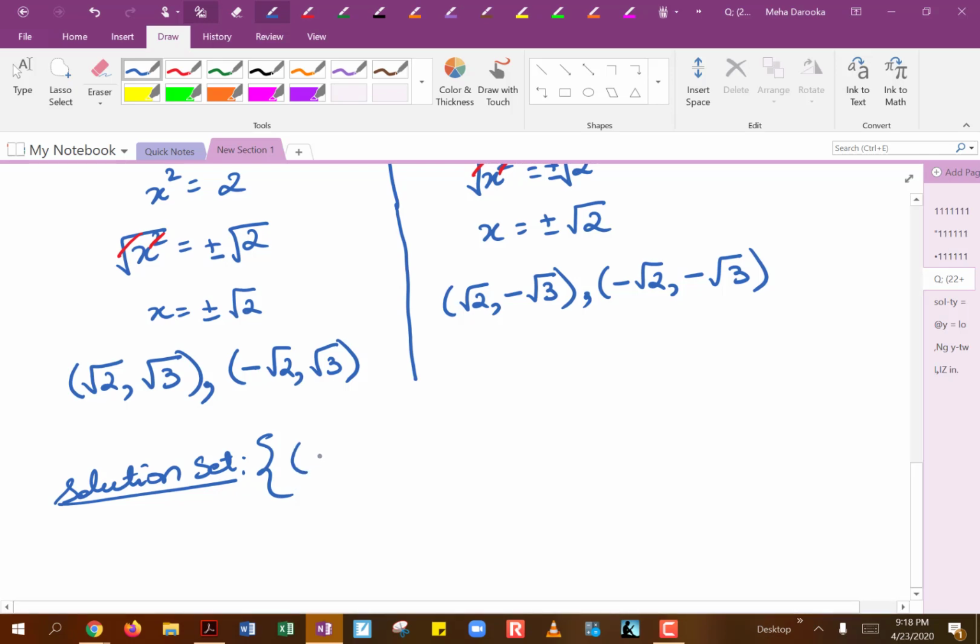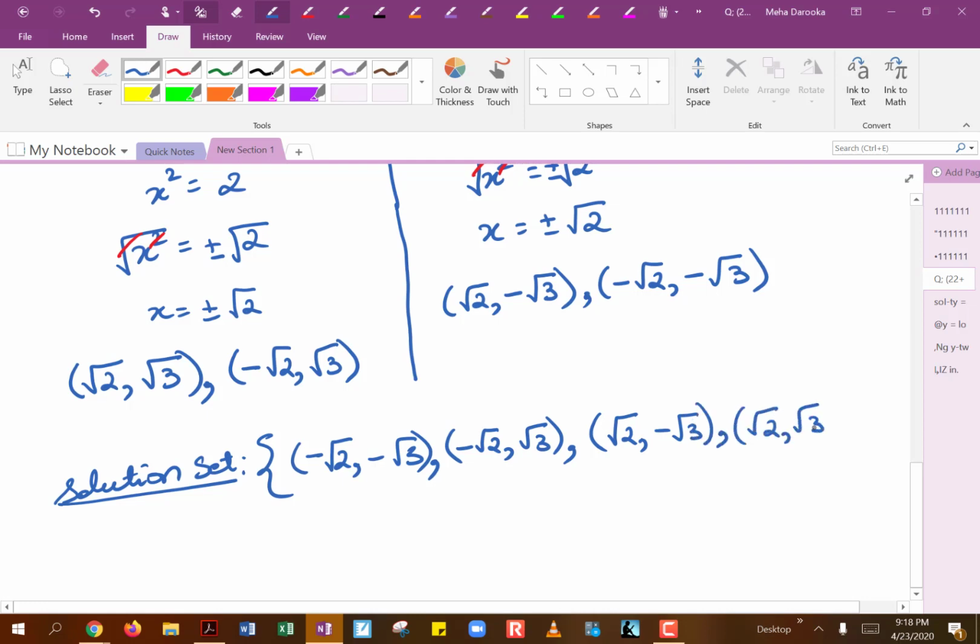So you will have negative square root of 2, negative square root of 3, then negative square root of 2, positive square root of 3, positive square root of 2, negative square root of 3, and positive square root of 2 and positive square root of 3. So making sure that we are including all 4 of these in our solution set.